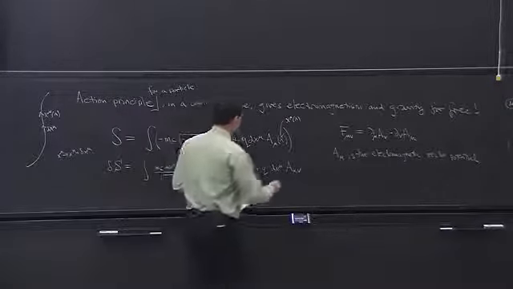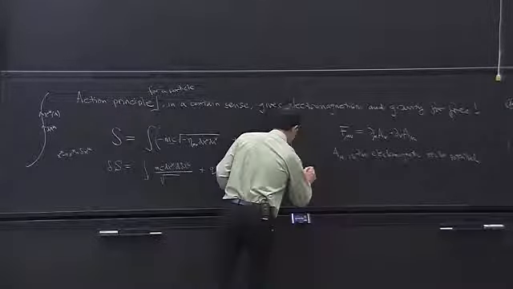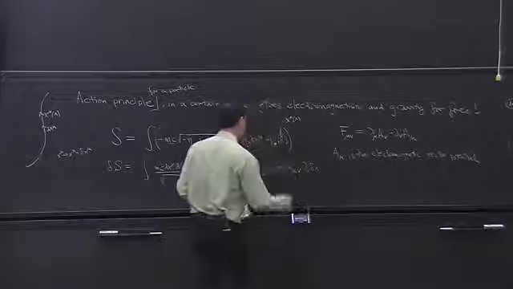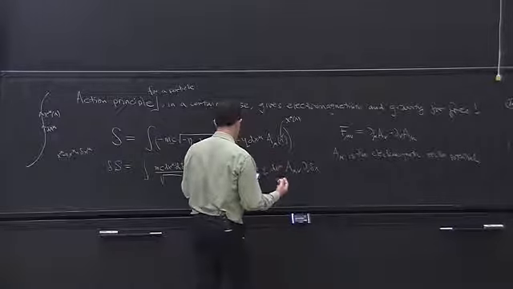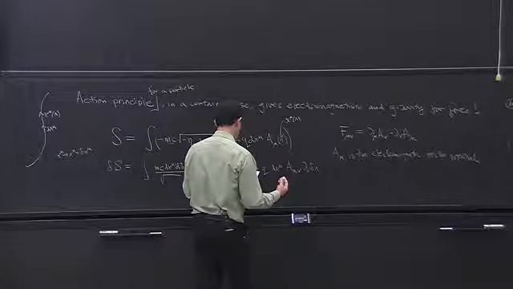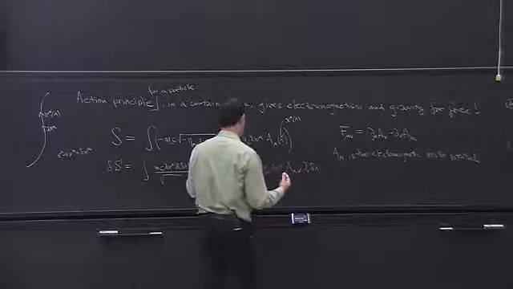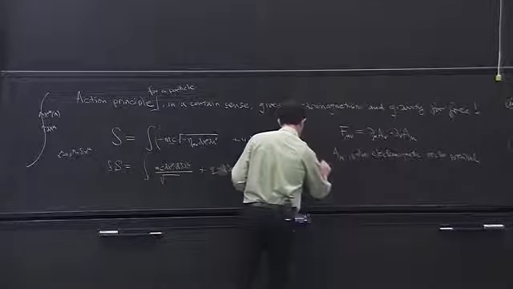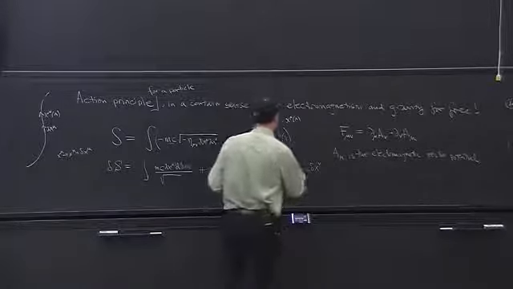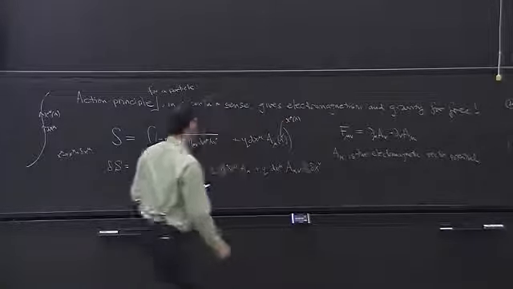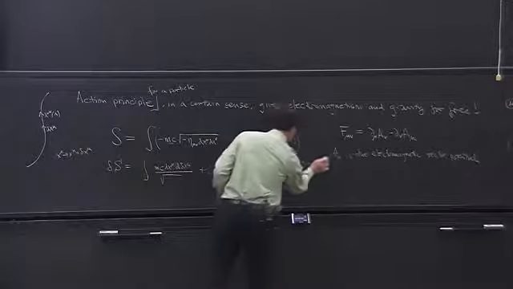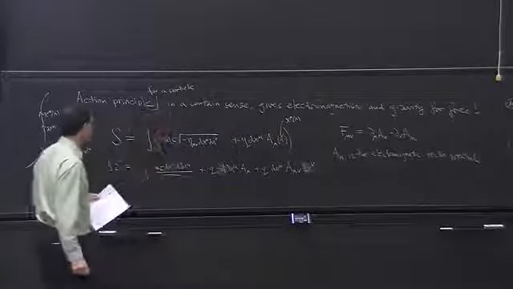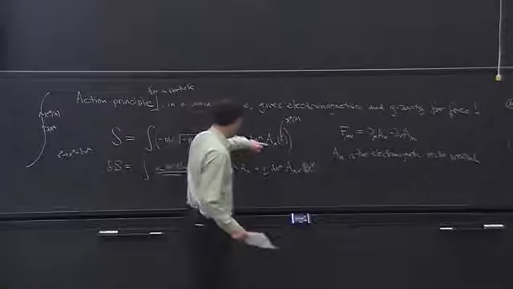Expand to first order in delta x, and I get this expression, ∂_ν A_μ delta x^ν. Sorry, that's wrong. Delta x^ν. Sorry, that's it. There's no d. Okay. Delta x^μ. So I'm just varying that vector potential.